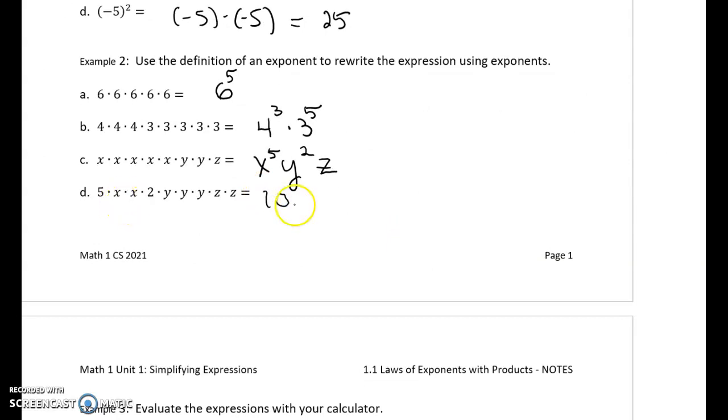I've got x times itself twice, so x squared. Y times itself 3 times, so it's y cubed. And then z times itself twice, z squared. So that's us taking the expanded form and rewriting it using exponential expressions.